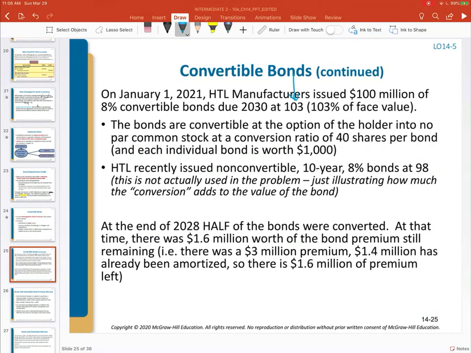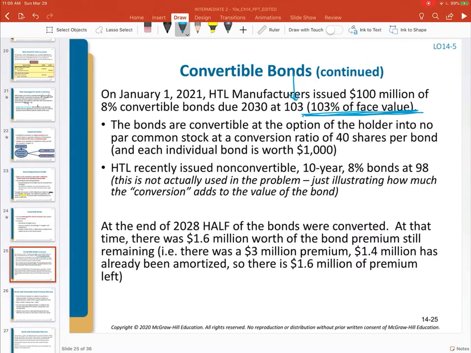So if the bond is issued at 103, that means the bond was issued at 103% of the face amount. So obviously that's a premium. Anything above 100% of the face amount is going to be a premium. So in this example, we actually do not have to go through the process of calculating the present value. It's given to us in the problem. We're told that these convertible bonds were issued at 103.